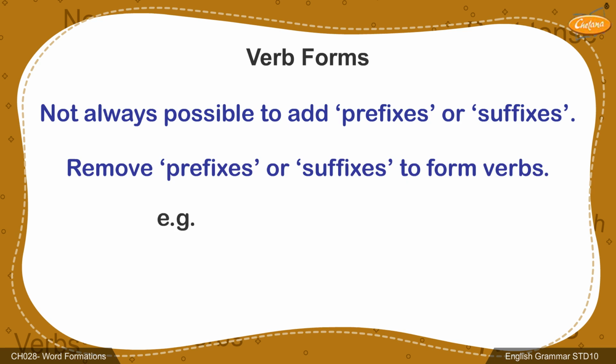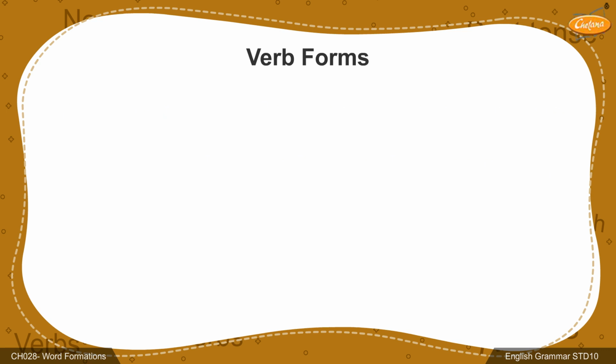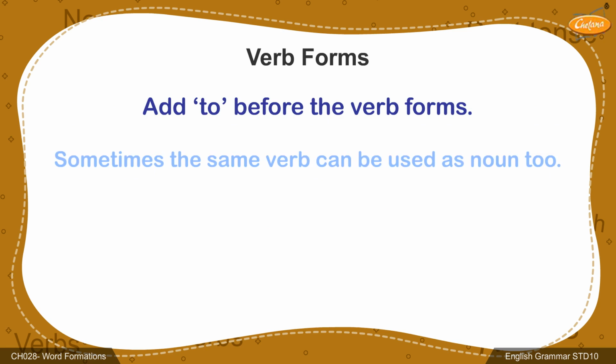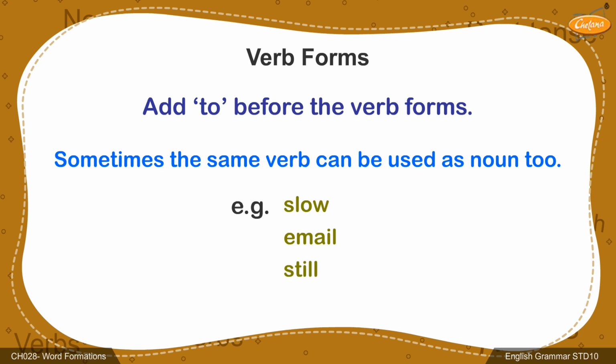For example, celebration, celebrate. Remember that you add "to" before the verb form to come up with answers. Sometimes the same verb can be used as a noun too. For example, words like slow, email, still, calm have the same noun and verb form.